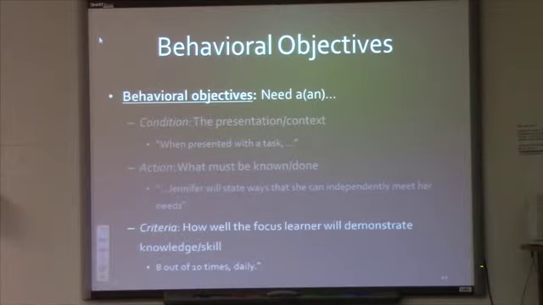So when presented with a task, Jennifer will state ways that she can independently meet her needs 8 out of 10 times daily. Or in other words, you can say with 80% accuracy daily or on a daily basis. So you can change the language a little bit. So what I did here was, instead of doing primarily an instructional objective, I worked more on the social aspects here.